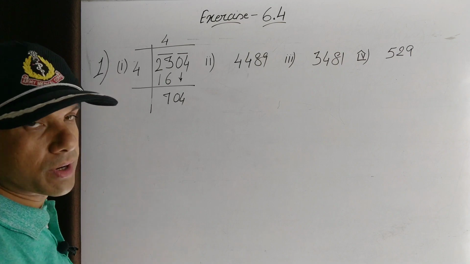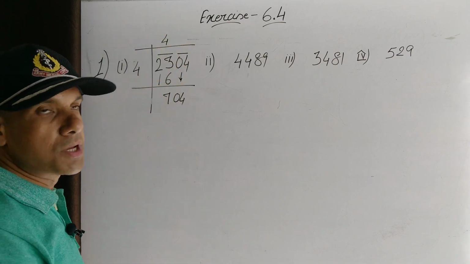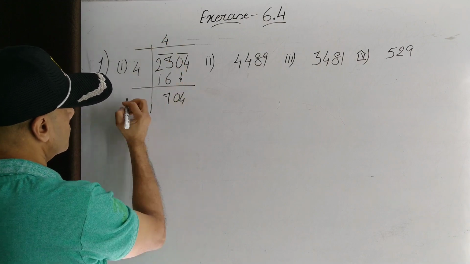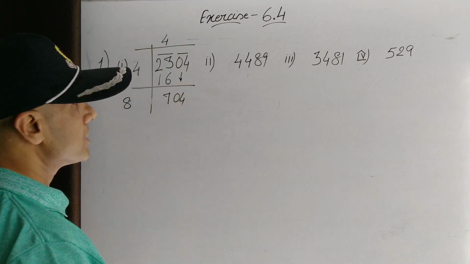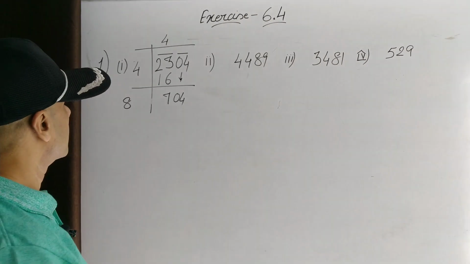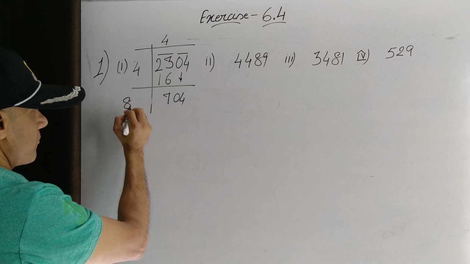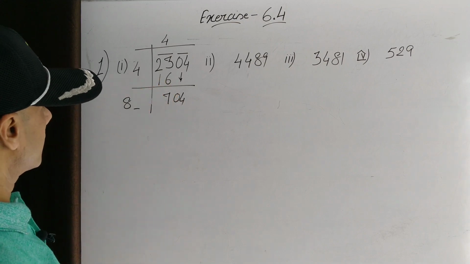The left hand component of the divisor will be twice the existing quotient. So 4 into 2, that is 8, will be the left hand component of the divisor.